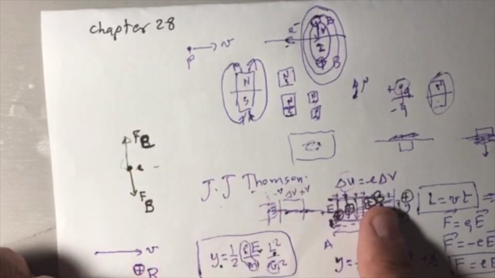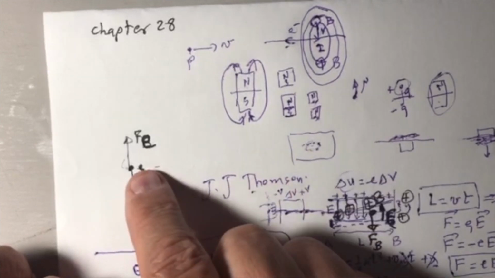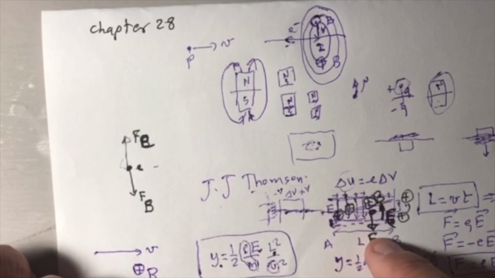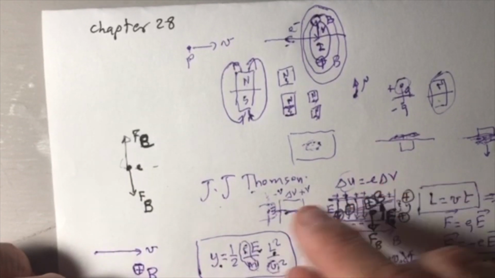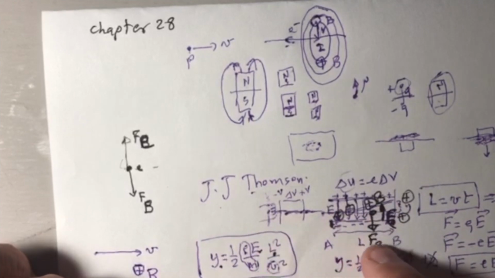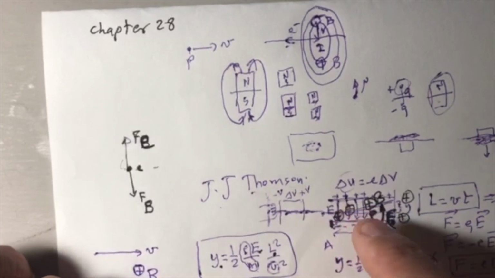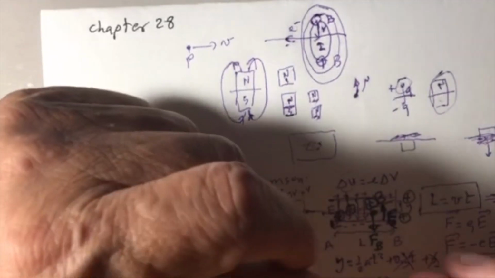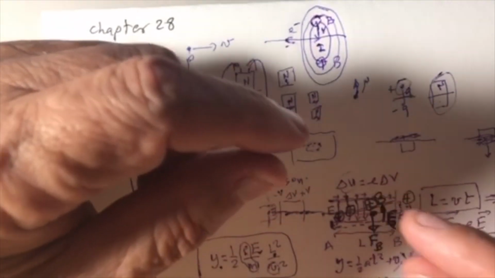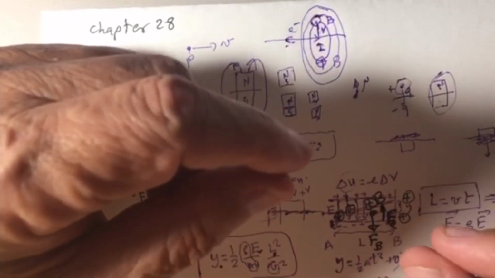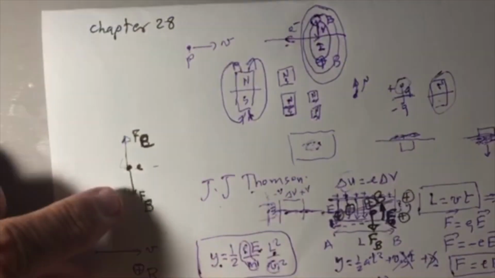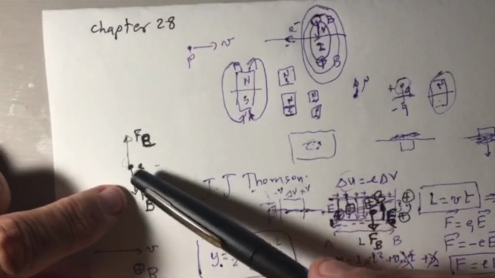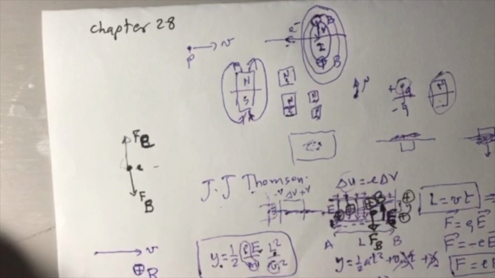The electric force tries to push it up, and the magnetic force tries to pull it down. Remember, he can control the B field that's generated here, and he can control the electric field. So he tuned the electric field and magnetic field so that the two forces are equal to each other.